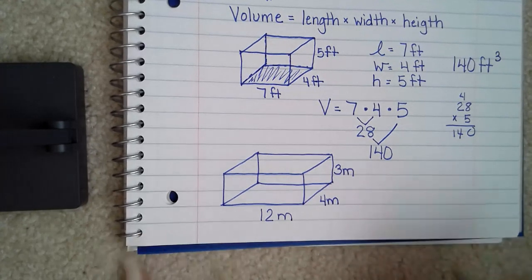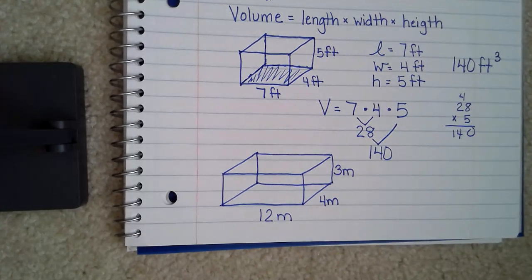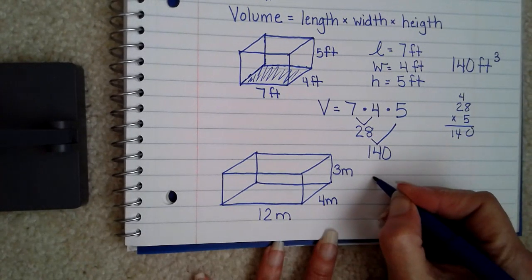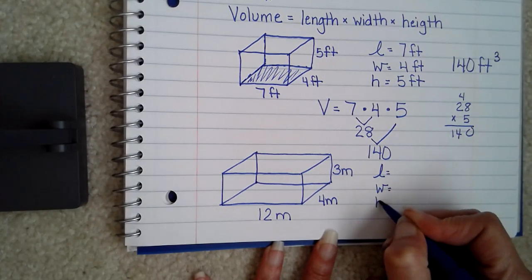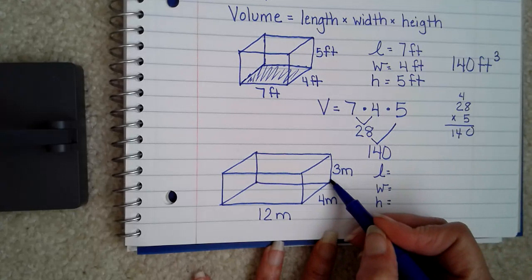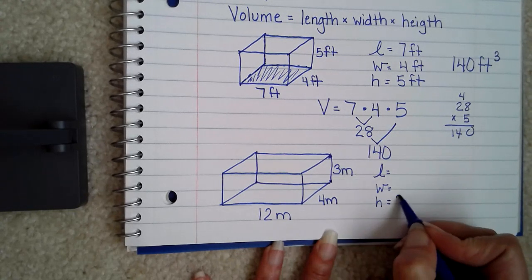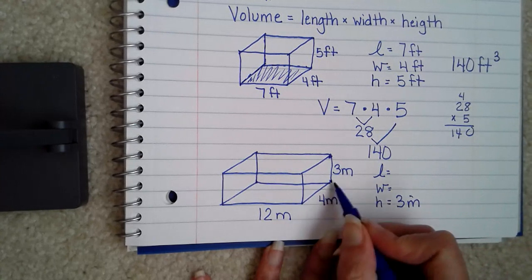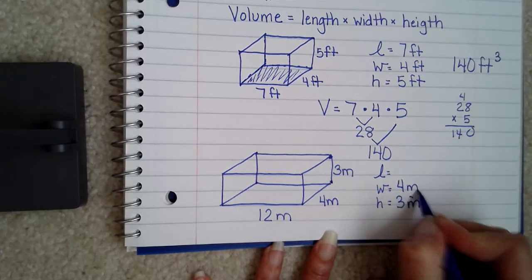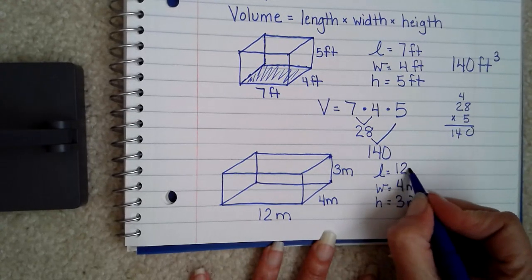Now, does it really matter which one is the length and which one's the width? It really doesn't, because it's multiplication, and it doesn't matter what order you multiply it in. So the height is pretty easy. We can see that's from top to bottom. That's going to be 3 meters. The width we could say is the 4 meters, and the length we could say is the 12 meters.